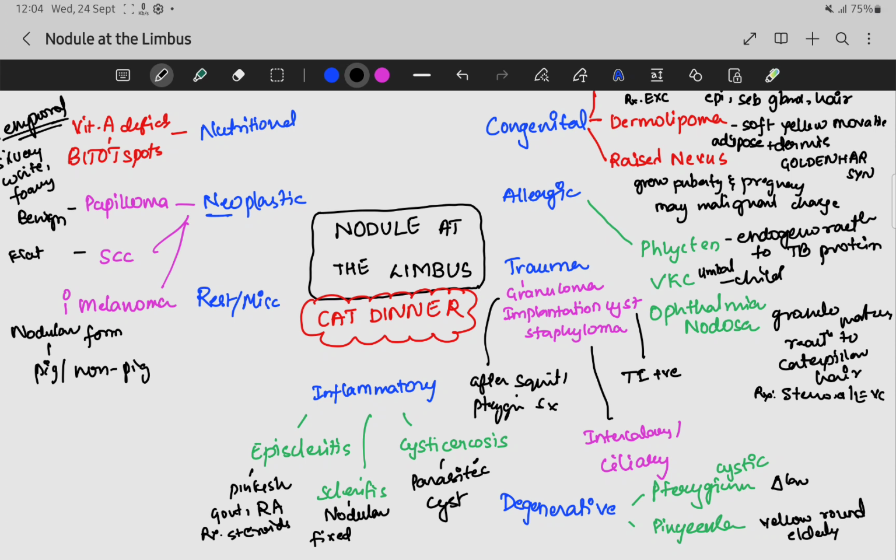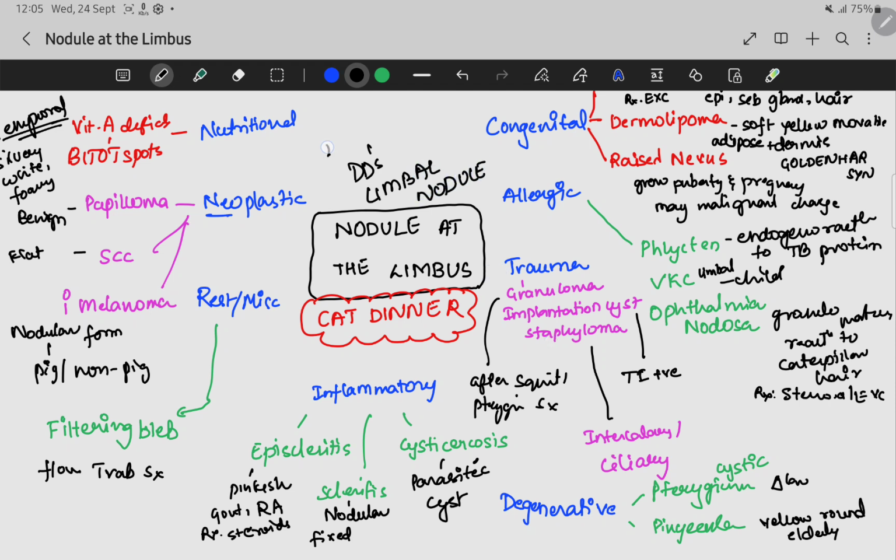And in the miscellaneous conditions, we have post surgeries, that is a filtering bleb, which occurs after trap surgery. So these were the DDs of limbal nodule.